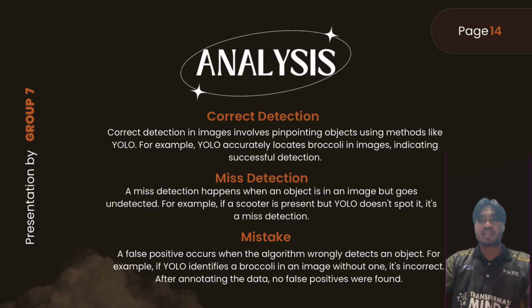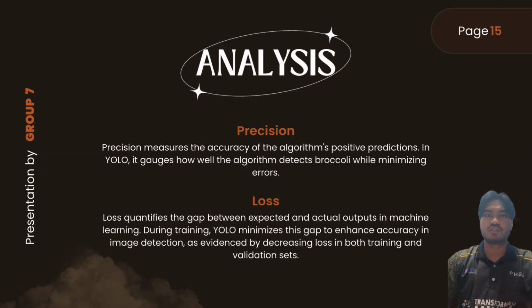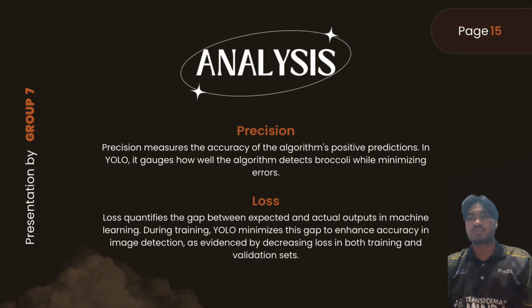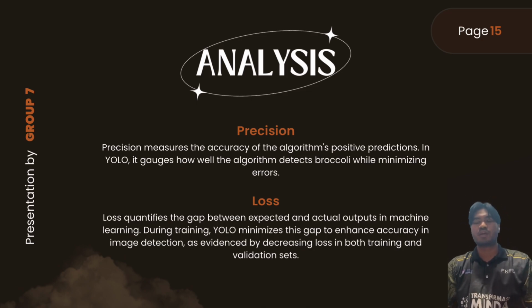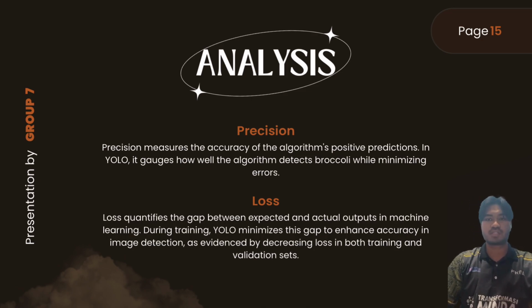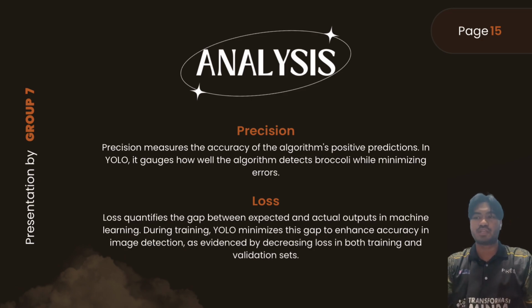The third one is the mistake, which happens when the algorithm wrongly detects an object, so it is incorrect. The fourth one is precision, which measures the accuracy of the algorithm's positive predictions. When using YOLO, it gauges how well the algorithm detects broccoli while minimizing errors. The last one is loss, which quantifies the gap between expected and actual outputs in machine learning.